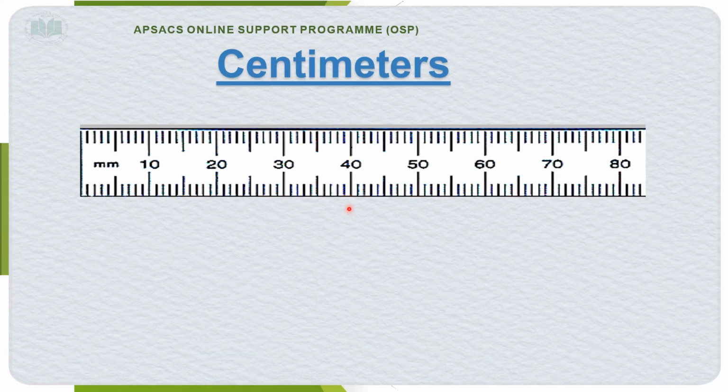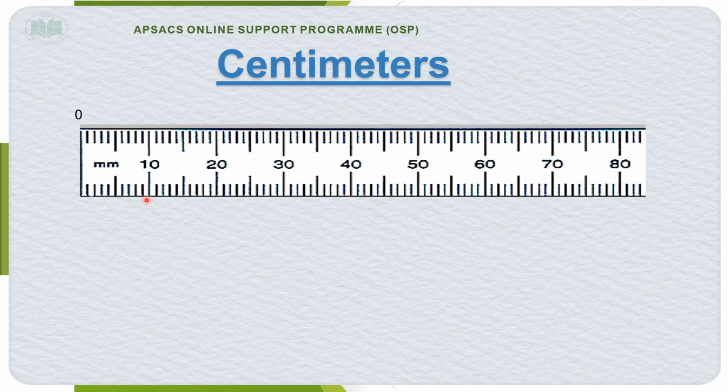Now students, here is a scale and you can see some markings on this scale and it is written mm. Mm means millimeter. From this end of the scale, we start counting 1, 2, 3, 4, 5, 6, 7, 8, 9, 10. So 10 millimeters is equal to 1 centimeter. So we have to start counting from 0, right?